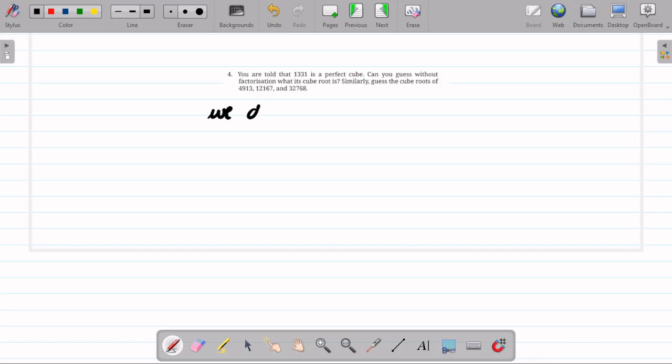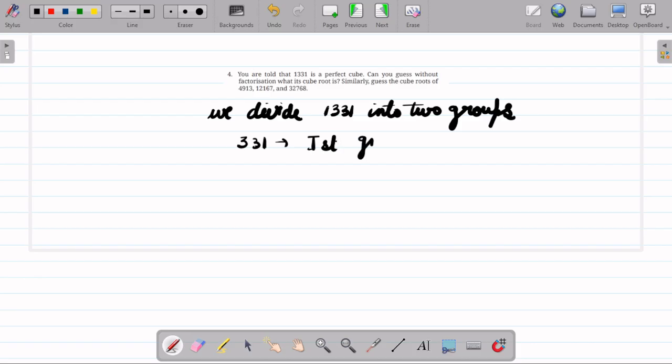We divide 1331 into 2 groups, starting from the right, okay? So 331 will be the first group.